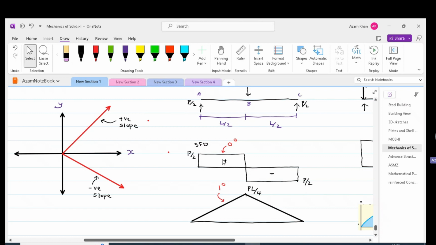The shear is positive, thus our slope will be positive. And as we said, the positive slope is facing up like this. So the first part of the bending moment diagram will have a positive slope. After that, segment BC has negative shear, which means it will have a negative slope, and there will be a slope which is negative as per this figure.